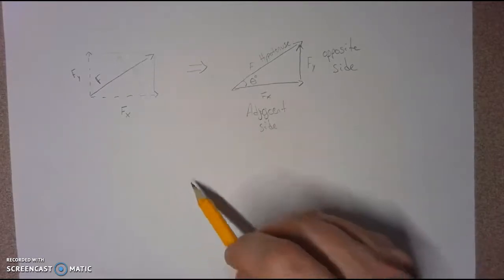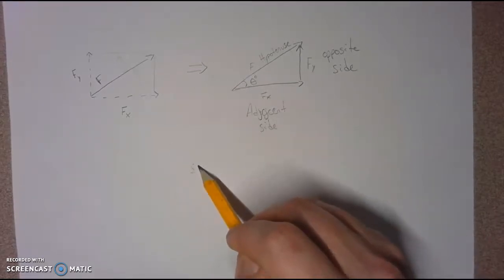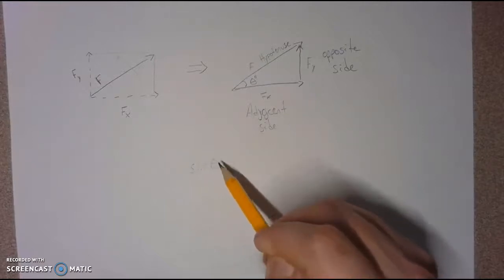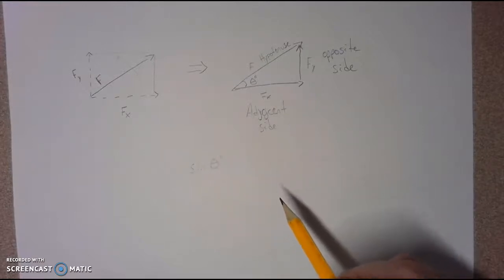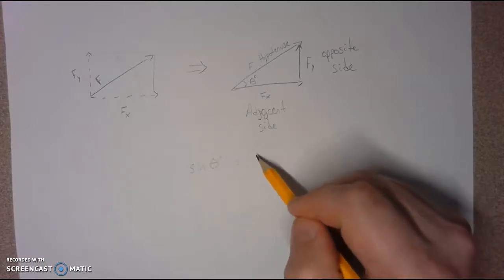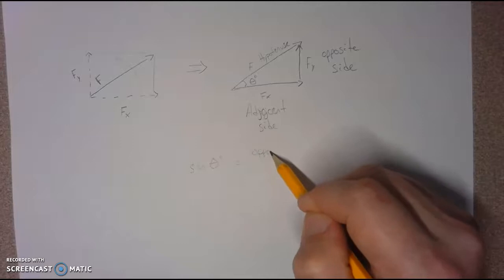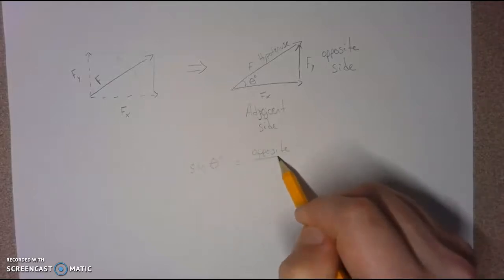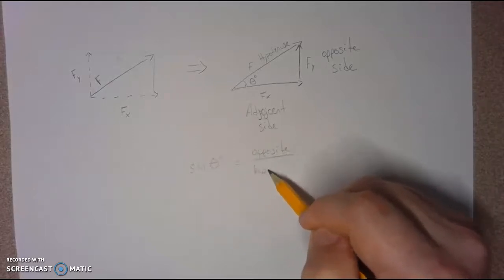Okay, those are going to be important because we can use all of that terminology now along with our trigonometric functions. So our first one, if you remember, is sine of theta degrees. Sine of theta is equal to opposite over your hypotenuse.